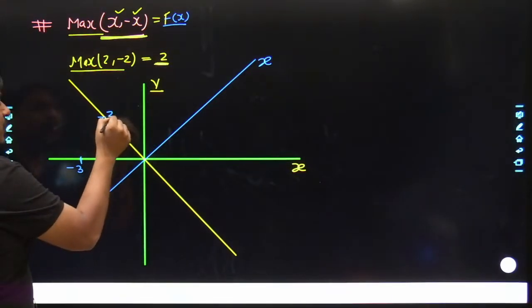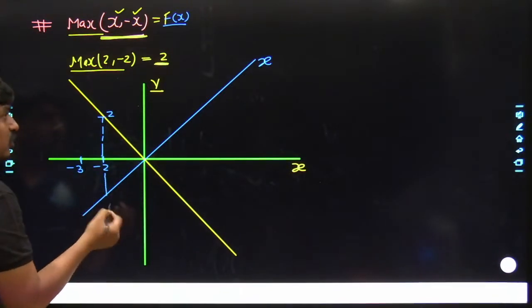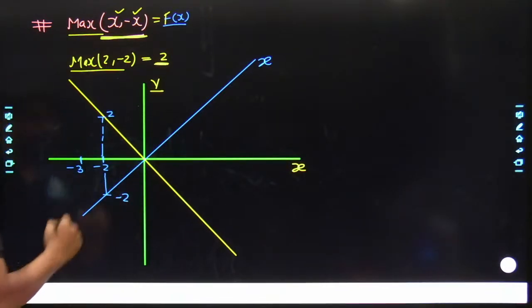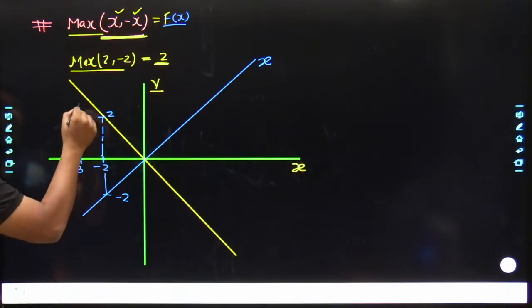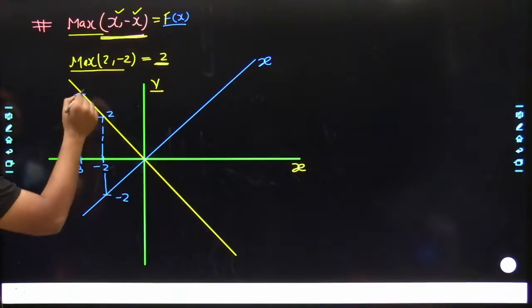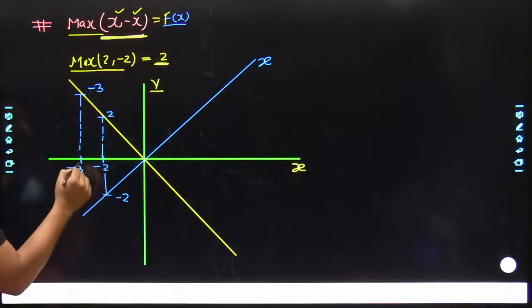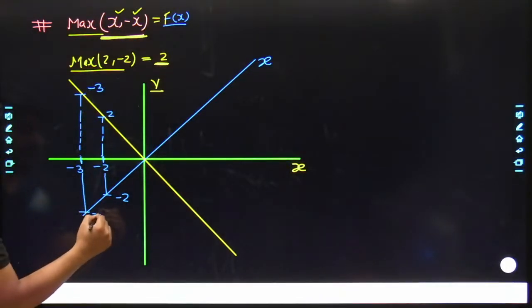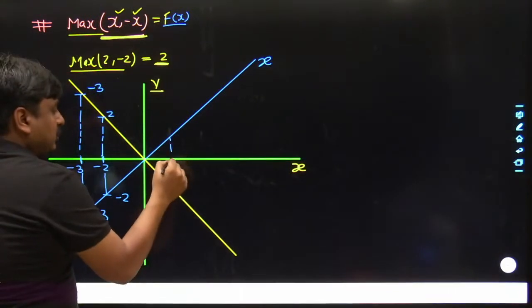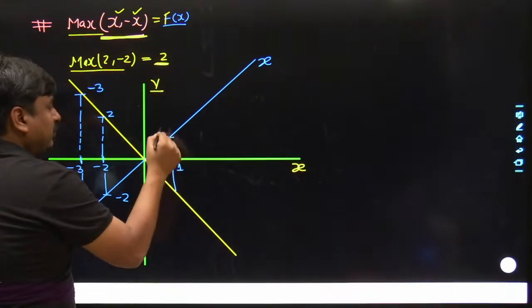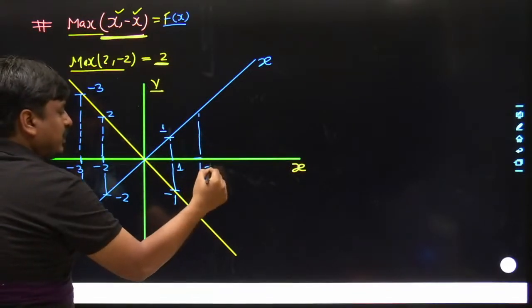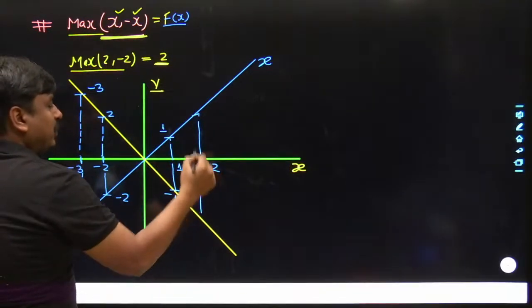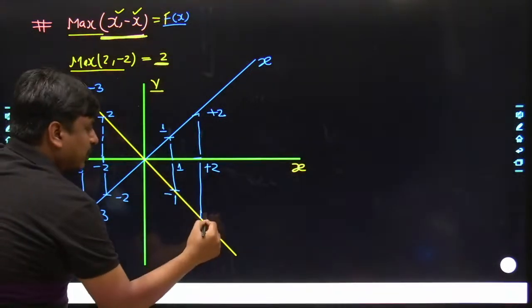Obviously, the value would be plus 2, and if I take the reference of x, the value would be minus 2. Similarly, if I take the reference of f1 of x at x equal to minus 3, the value would be minus 3, and here it is going to be plus 3. Similarly, at plus 1, it becomes plus 1, and it becomes minus 1. At plus 2, it would become plus 2, and it would become minus 2.